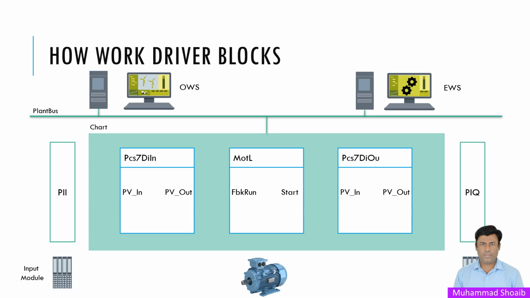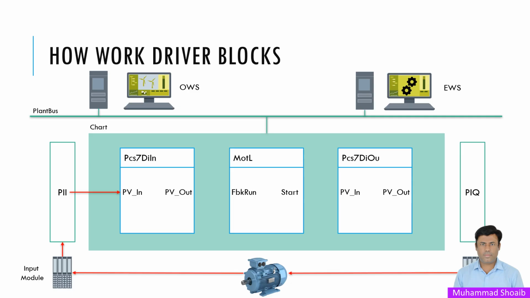The signal from the input module is transferred to the process image of the input, like PII, that is situated on the CPU. After that, the input driver reads the signal from the PII and brings it into the chart to be used by the control block.